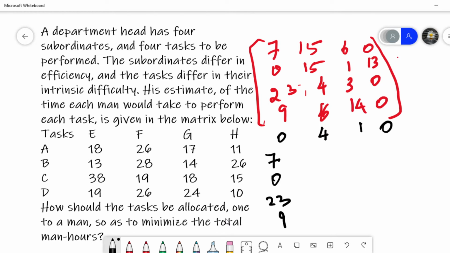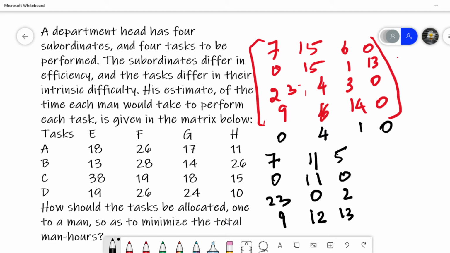15 minus 4 is 11. Again 15 minus 4 is 11. Next, 4 minus 4 is 0. 16 minus 4 is 12. Then the next smallest element is 1, so we subtract 1 from each cell value. 6 minus 1 is 5. 1 minus 1 is 0. 3 minus 1 is 2. 14 minus 1 is 13.